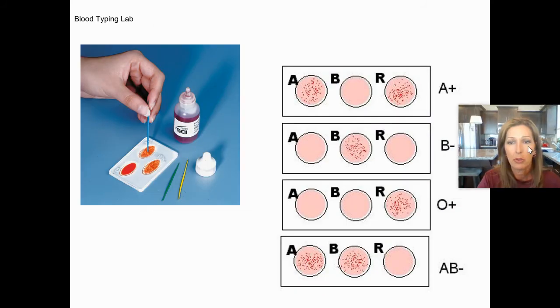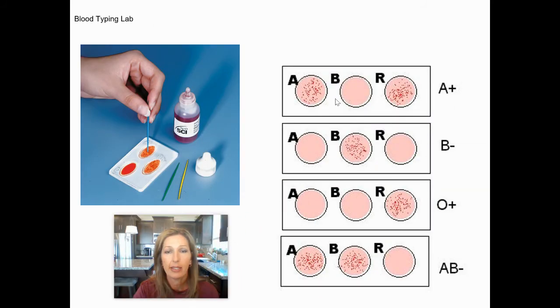Now, you are also going to be doing an activity for blood typing. For blood typing, when we have an unknown blood, we see how it reacts with antibodies that act against those antigens. Since there are three antigens, the A antigen, the B antigen, and the Rh antigen, if I mix blood with those antibodies, the antibodies will attach to red blood cells.